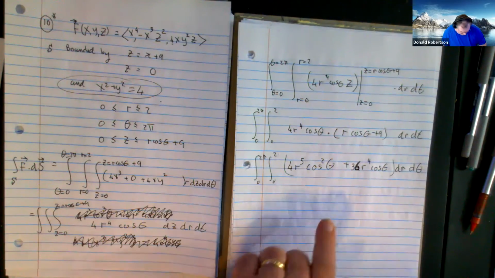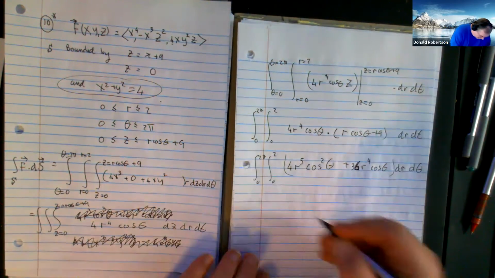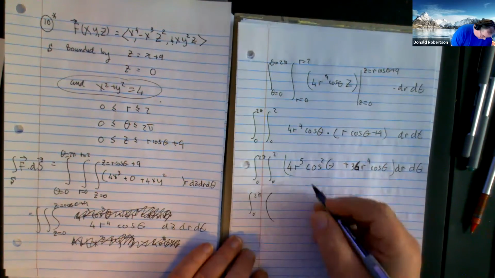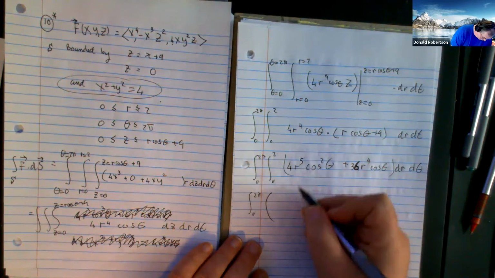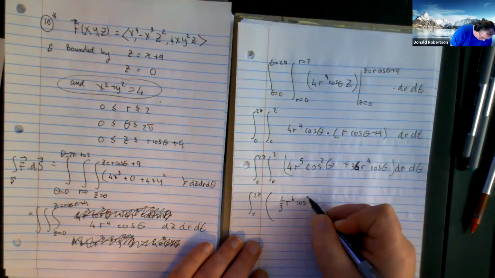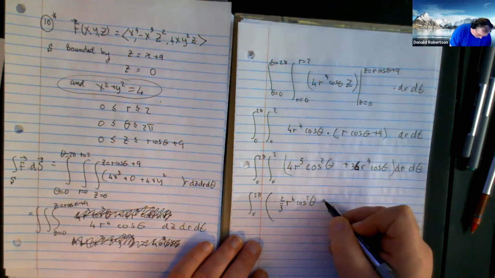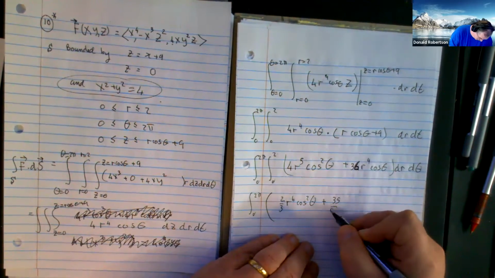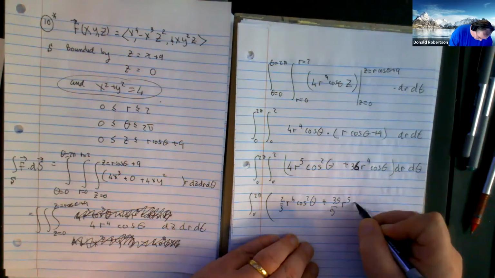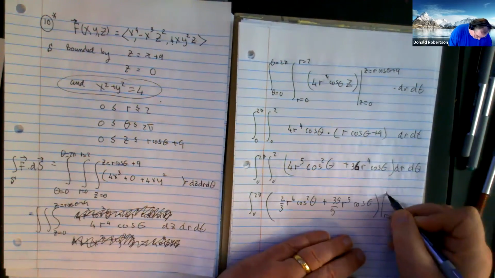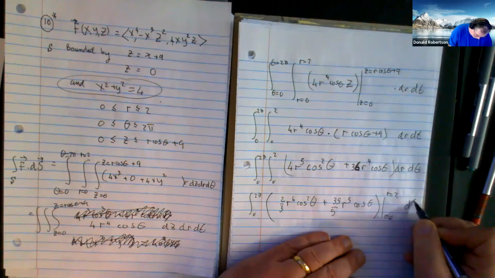Let's just keep going then. You're going to add 1 to the power, which is 6. So you're going to get 2/3 r to the 6 cos squared theta plus 36/5 r to the 5 cos theta, evaluated at 0 to 2, and then you'll do the thetas.